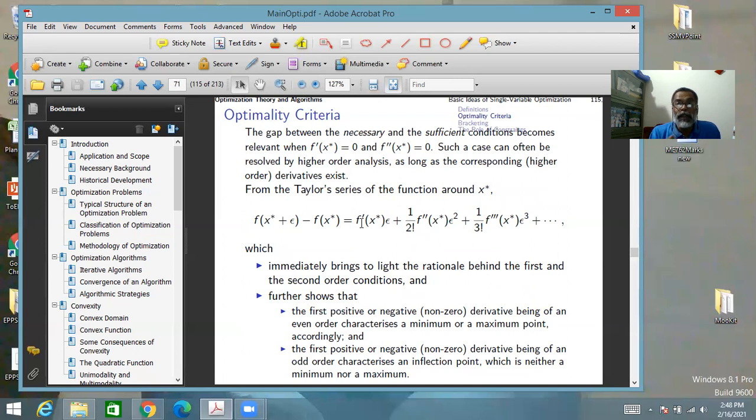If it is not 0, then it is either positive or negative. If it is positive, then for positive epsilon the product is positive. If it is negative, then for positive epsilon it is negative. And on the other side, it will be of the other sign. That means depending on the sign of epsilon, this term will be of opposite signs.